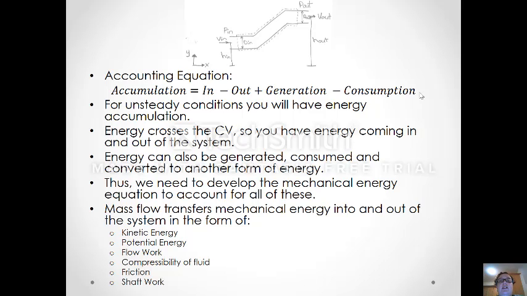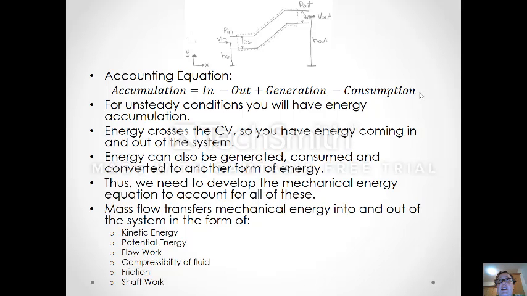We're going to assume that for unsteady conditions you will have accumulation of energy, and that energy is going to cross the system boundaries that we've indicated here. Energy can be generated, it can be consumed and converted to another form of energy, right?